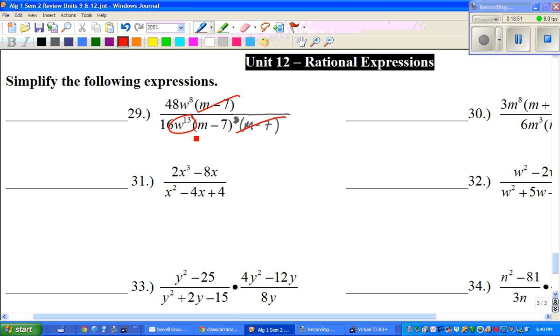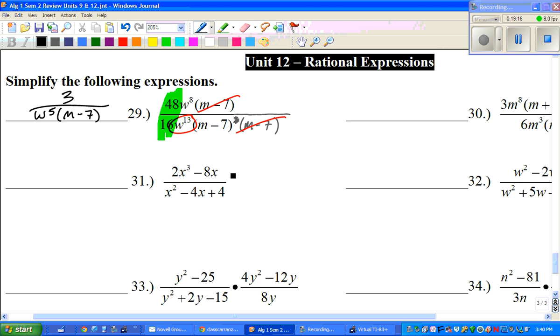I have more w's on the bottom, and then I need to reduce 48 over 16. Well, 48 over 16 is 3. My w's on the bottom win by 5, and then we're left with m minus 7. So all we're really doing is canceling and reducing right there. Okay?